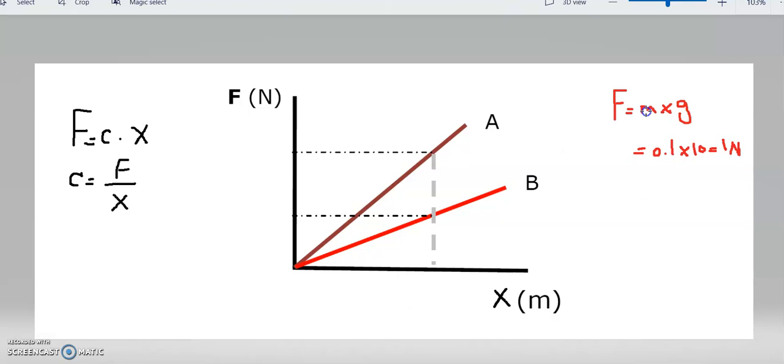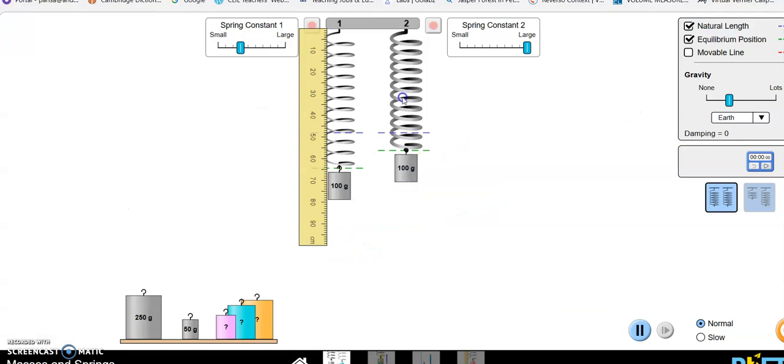Mass needs to be in kilograms, so 100 grams is 0.1 kilograms times, for simplicity, g I assume is 10, so we have 1 Newton. 1 Newton applies on both the springs here. And look at spring 2, that stretches less than the other one because this one is stiffer.